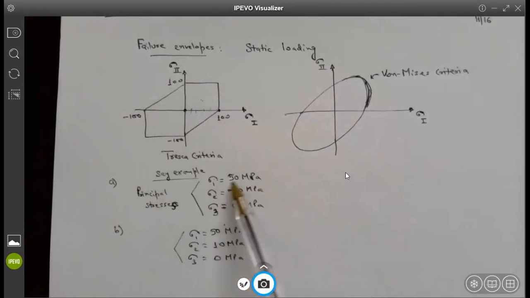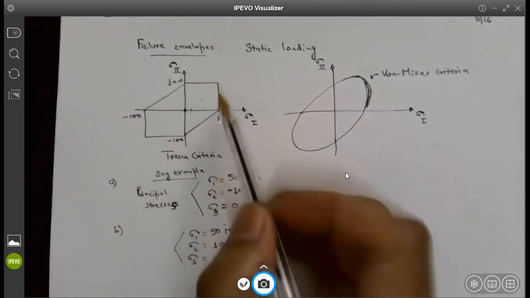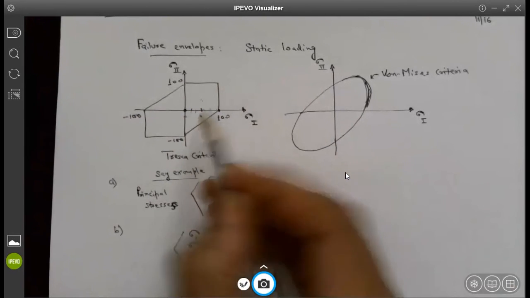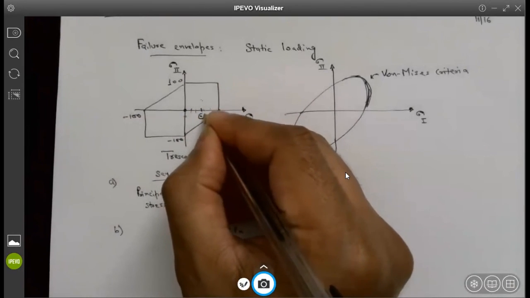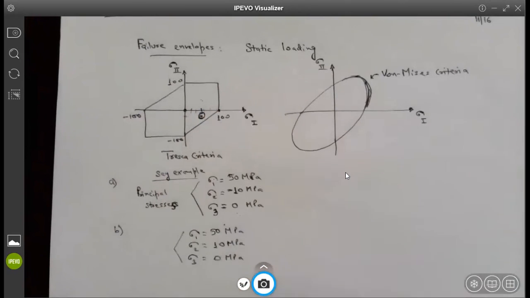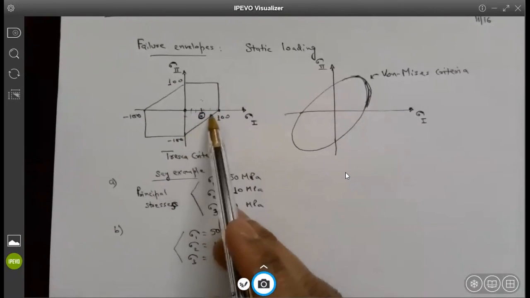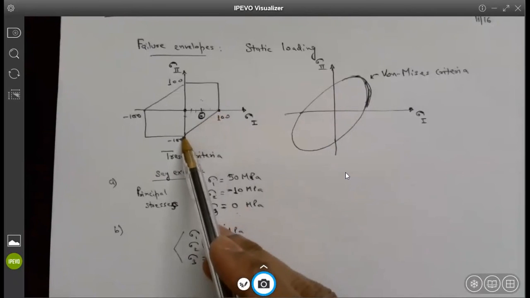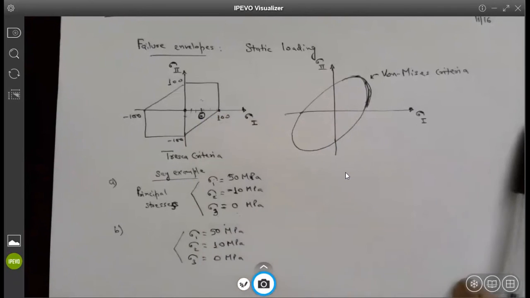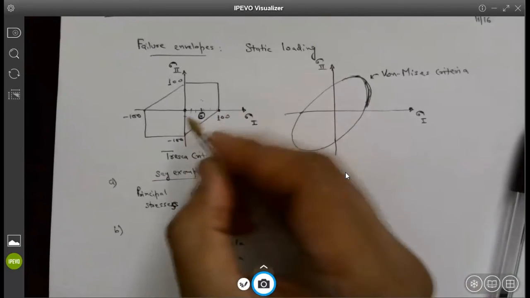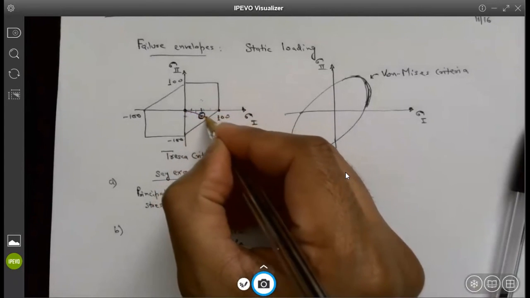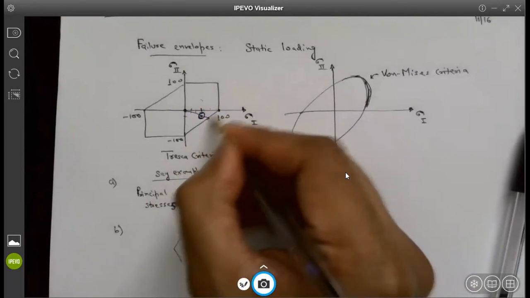Now, if I have to plot sigma 1 of 50 and sigma 2 of negative 10, then 50 will be here and negative 10 will be here. So this will be this point in the fourth quadrant. In this quadrant, the failure envelope is a straight line joining this point and this point. The factor of safety can be obtained by connecting a line from the origin to this point and extending it till it connects the straight line.